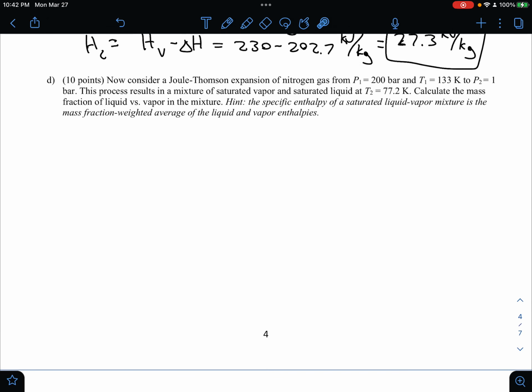And this process results in a mixture of saturated liquid and vapor at T equals 77.2. What is the mass fraction? And the hint says specific enthalpy of a saturated liquid-vapor mixture is the mass fraction weighted average of the two enthalpies.